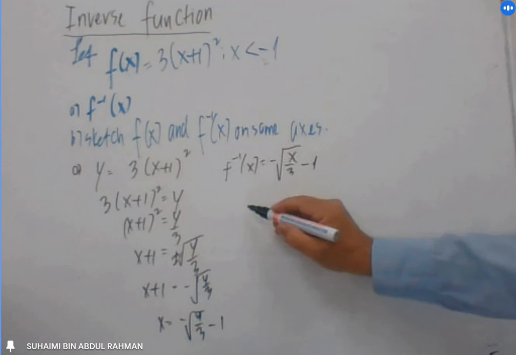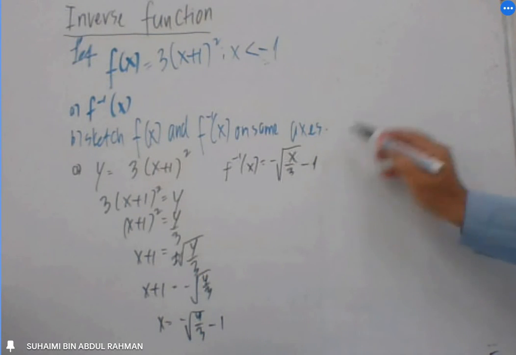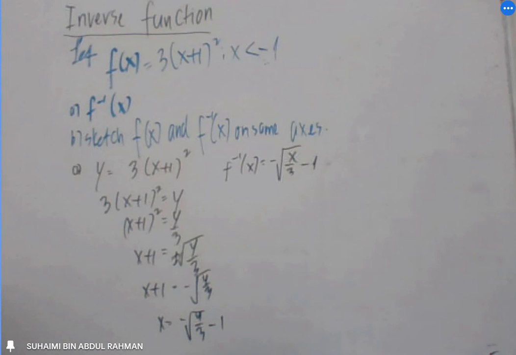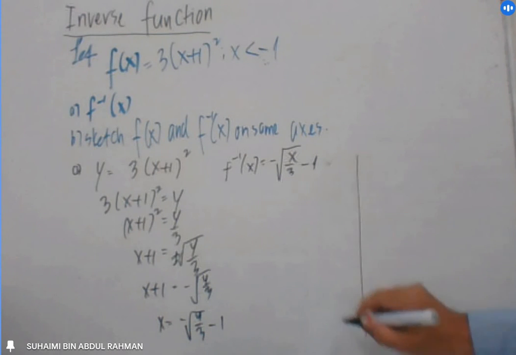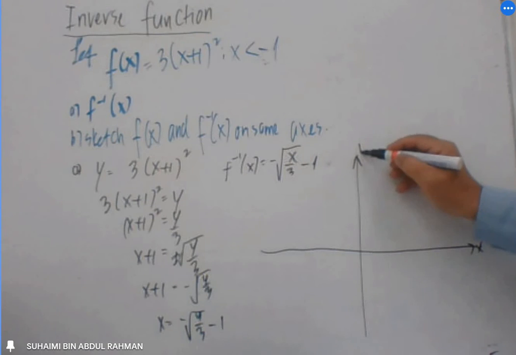That is the f(x). f(x) is 3 times (x plus 1) squared. Part B is sketching x, y.